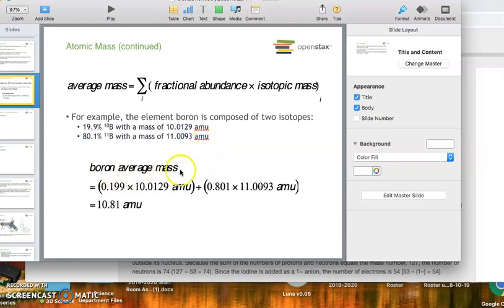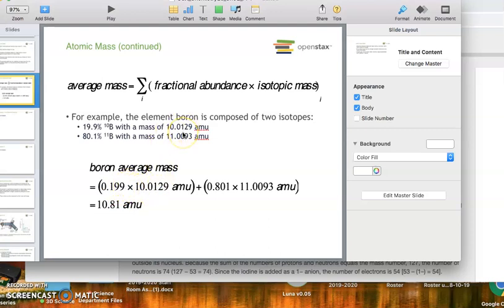So to calculate the boron average atomic mass, you have to multiply the fractional abundance. So here what they did, they took 19.9, divided it by 100, or the trick is to take the decimal point and move it 2 places to the left. That's basically dividing it by 100. And so they did that here. Then they multiplied the fractional abundance times the isotopic mass.